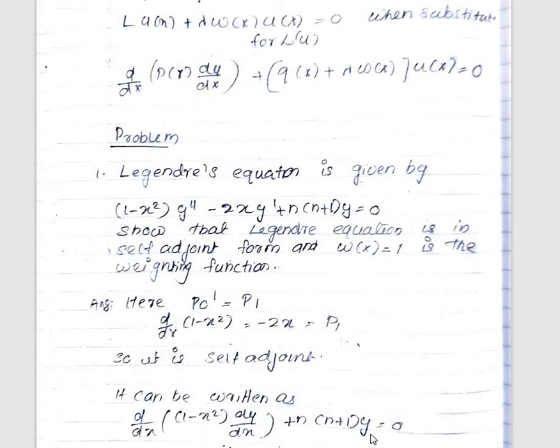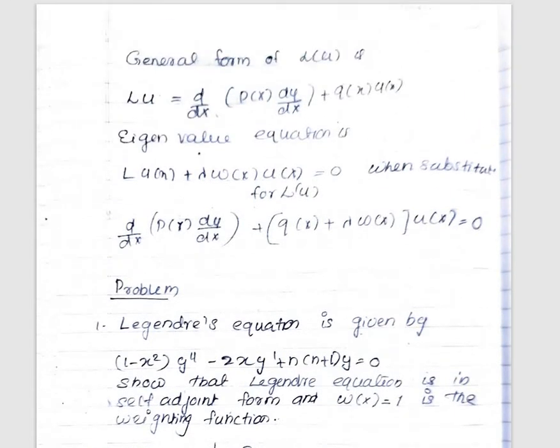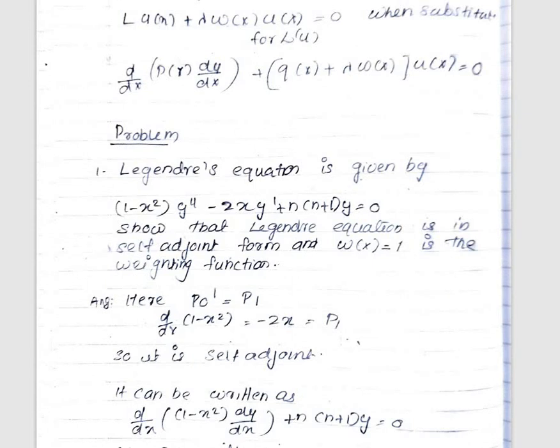So when we compare this equation with our eigenvalue equation, that is, our eigenvalue equation is L of u plus lambda w of x u of x is equal to 0, we will get w of x.